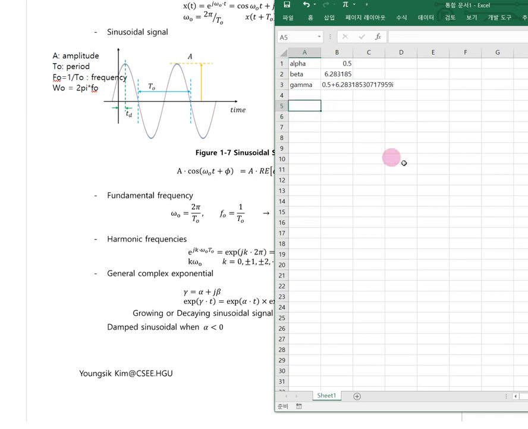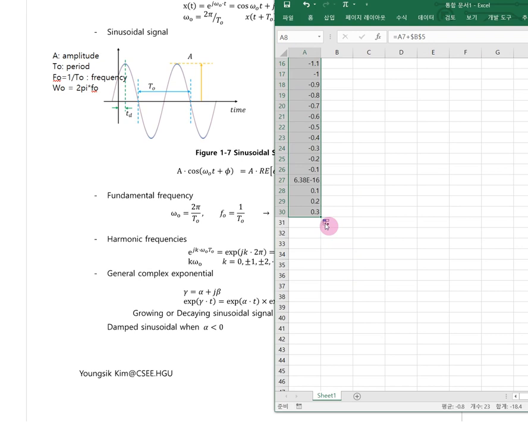I would like to plot that signal from time equals -2 to +2, with a time step of 0.1, which gives 47 points.